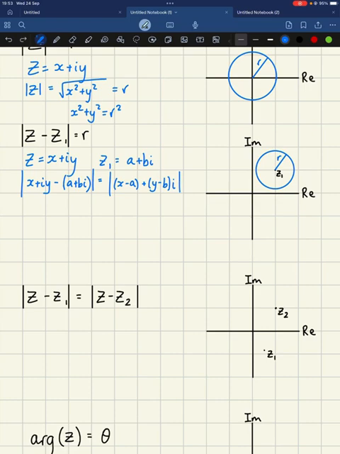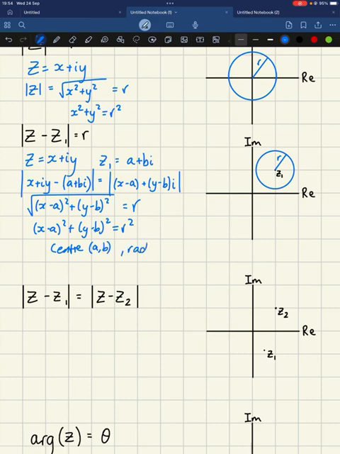So, like we said earlier, when we're taking the modulus of a complex number, we're doing the square root of the horizontal length and the vertical length. So that's the square root of (x minus a) all squared plus (y minus b) all squared, and this is equal to r. And you can see what happens. We get (x minus a) squared plus (y minus b) squared is equal to r squared, which is a circle, centre (a, b), radius r.